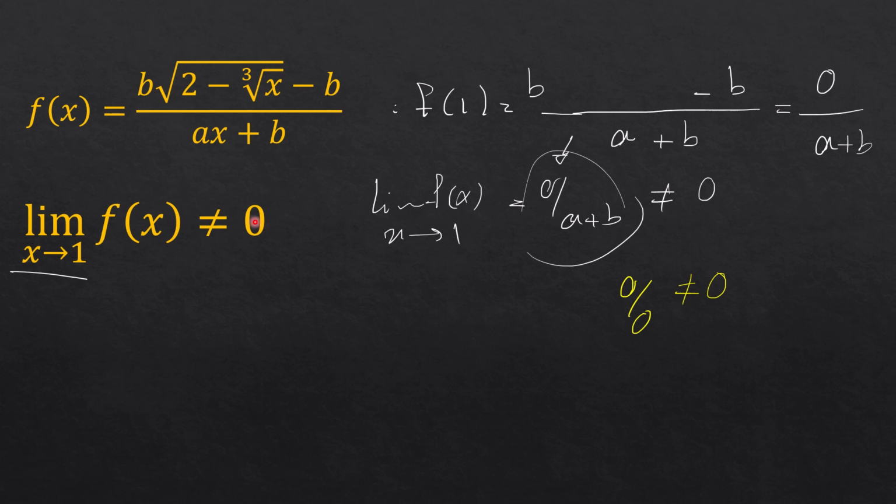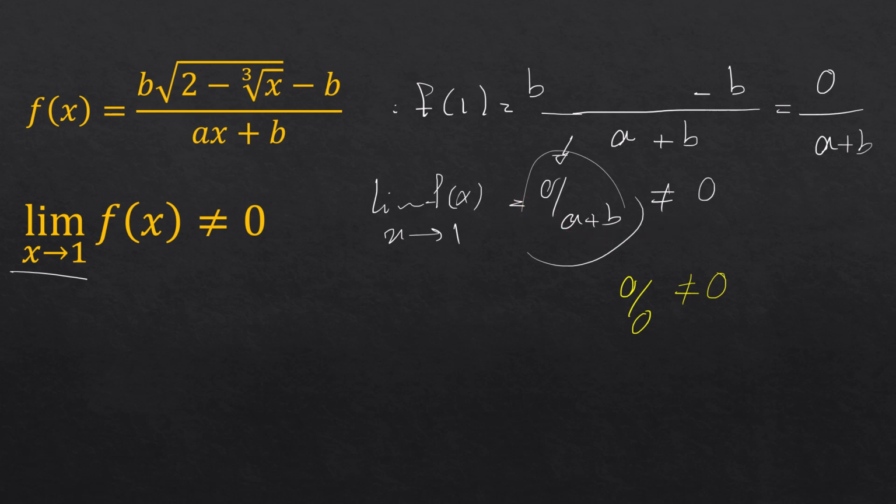So this is telling me that since the limit of f of x when x approaches 1 is not 0, then this 0 over a plus b cannot be 0, and that means a plus b should be 0, because that's the only case making 0 over a plus b not equal to 0.